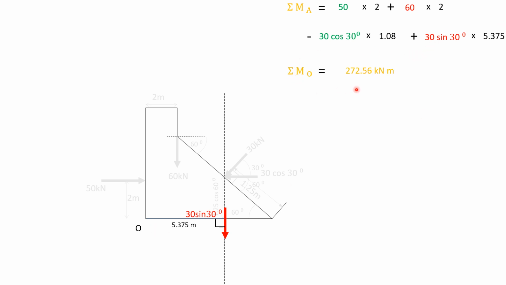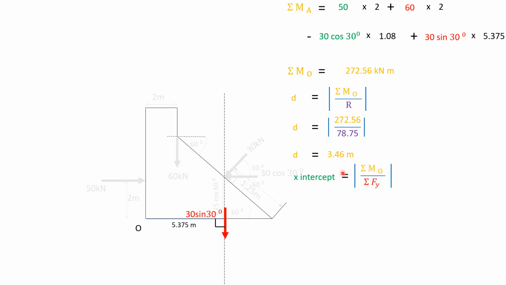So summation MO equal to this value. D, that is perpendicular distance of resultant about point O, will be got by summation MO by R. Substituting, we get D value. X-intercept we get by summation MO by summation Fy, and y-intercept we get by summation MO by summation Fx.